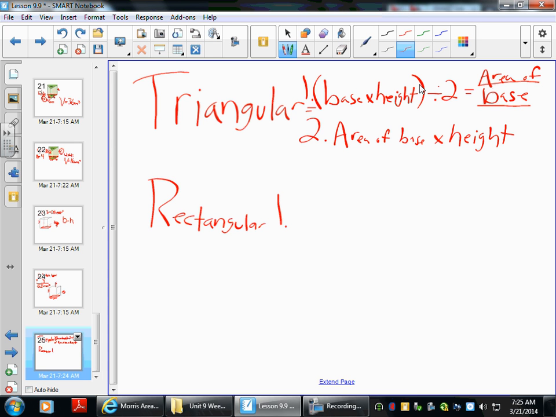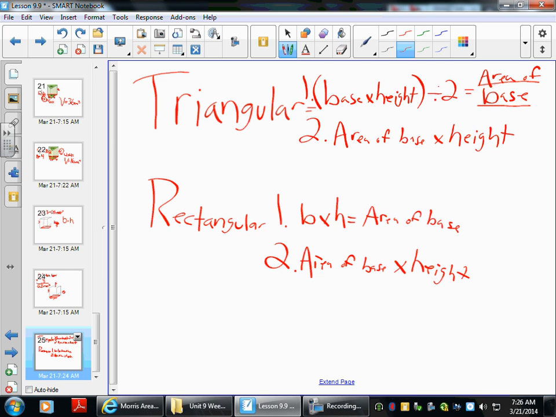Step 1 is base times height equals area of base. Step 2, area of base times the height of the whole building. See the difference? We're not dividing by 2 here.